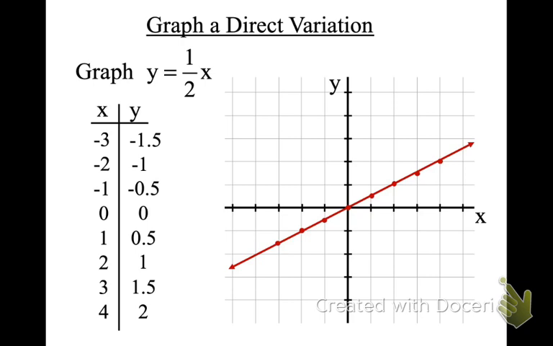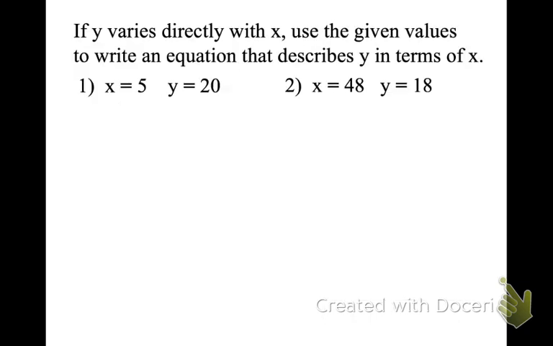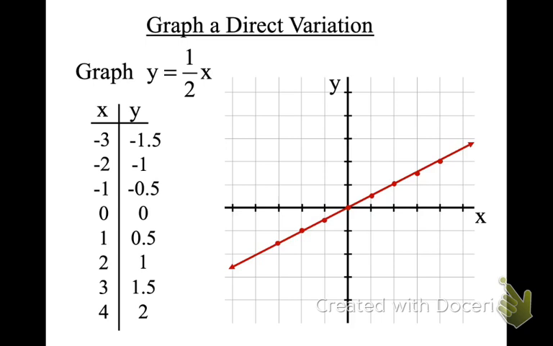Okay, it will always go through the origin. The other thing to remember is your k, especially for 7th graders, your k, that's this, y equals kx, right? Your k is always equal to your y over your x, the change in your y over the change in your x.